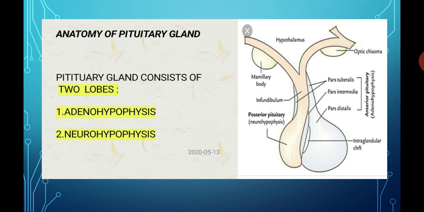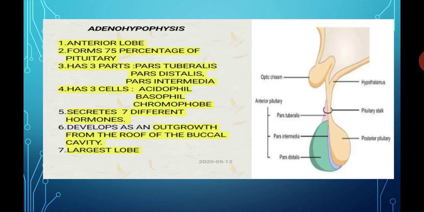So adenohypophysis and neurohypophysis are the two lobes of a pituitary gland. Let's see the detailed study of both lobes.